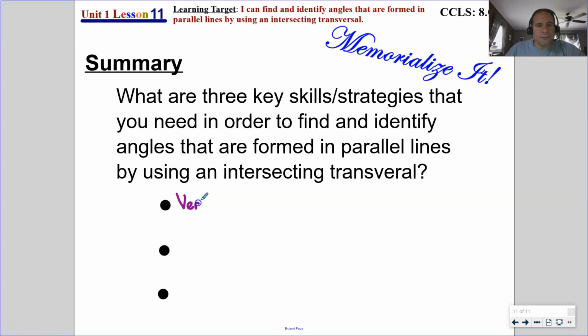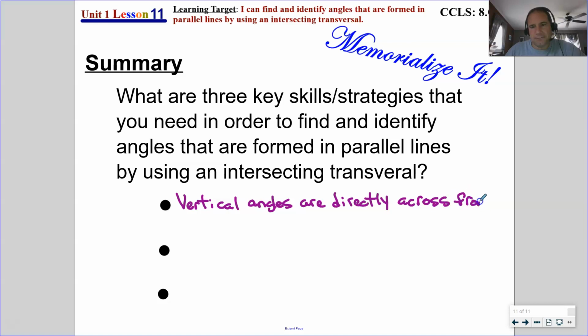Vertical angles are directly across from each other and meet at a vertex.